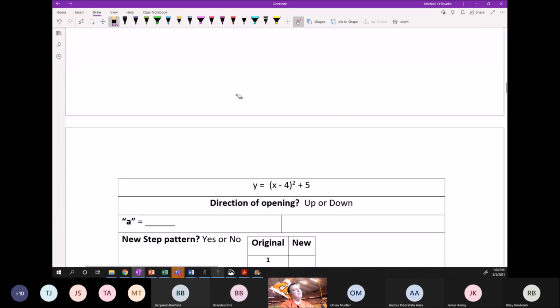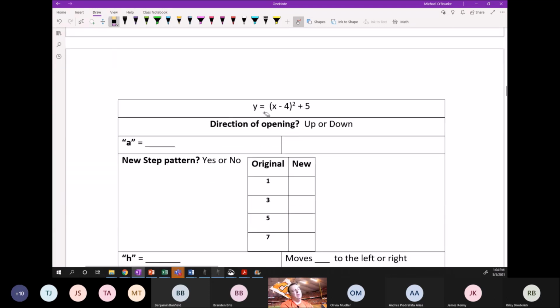But for this one, there's no A value there, but it's not 0. It's actually 1. Because if it was 0, it would get rid of whatever's inside there. You times it by 0, it becomes 0. So that kind of ruins our equation. So if there's nothing written there, there's a 1 there.